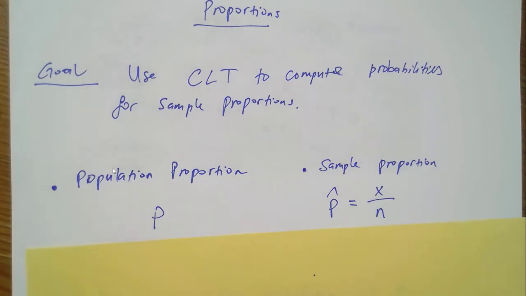Therefore, 68 over 100 is the sample proportion. 68 is the number x, and 100 is just the sample size of that sample inside a big population.